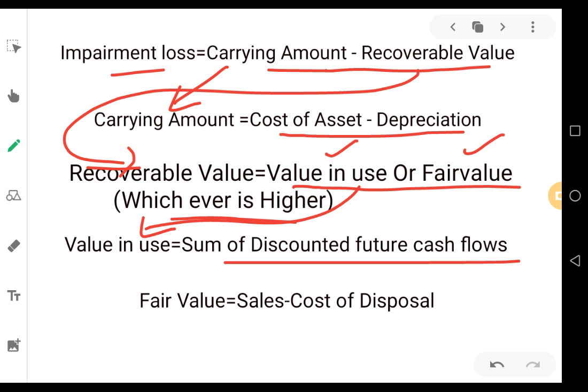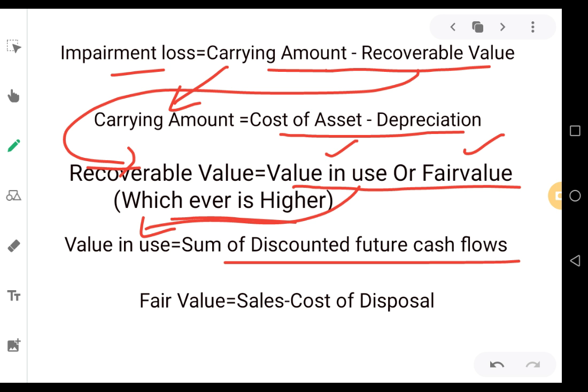Therefore, we have to convert those future cash flows into present value. The asset will generate cash flows maybe after 1 year, 2 years, 3 years, or 4 or 5 years, or whatever it is. That amount of future cash flows should be discounted to its present value. We have studied this technique of discounting cash flows in financial management.